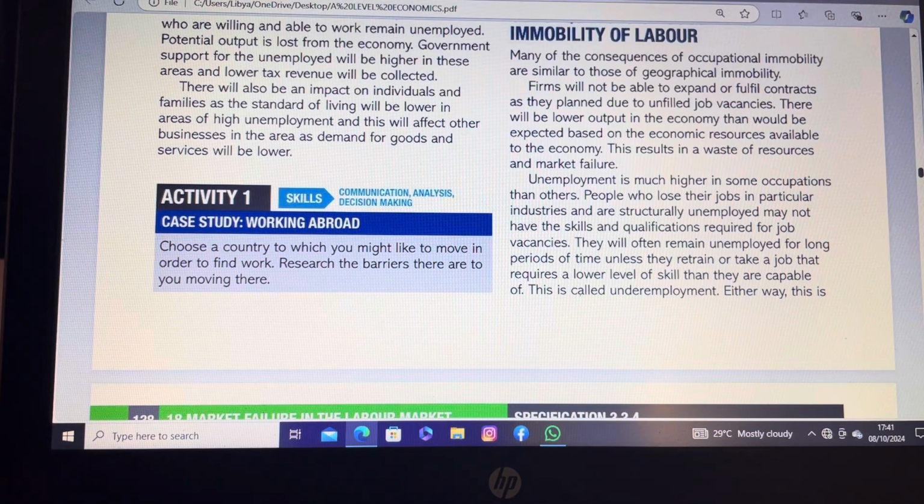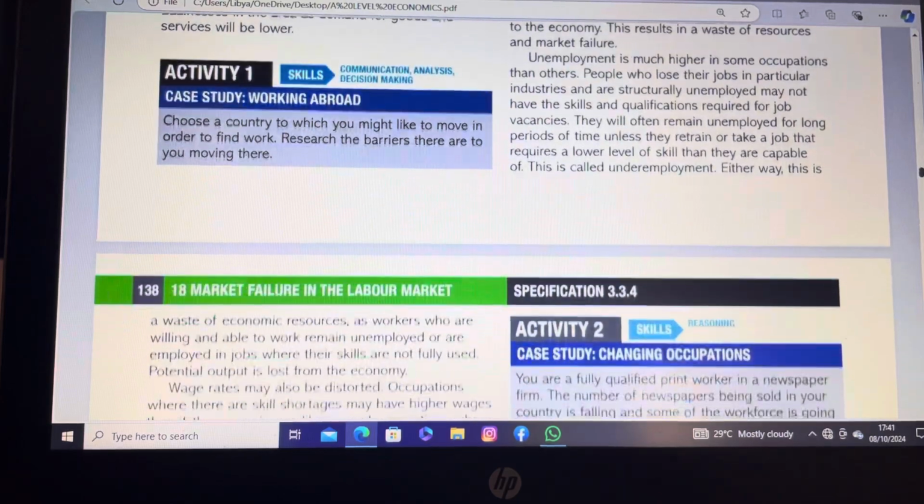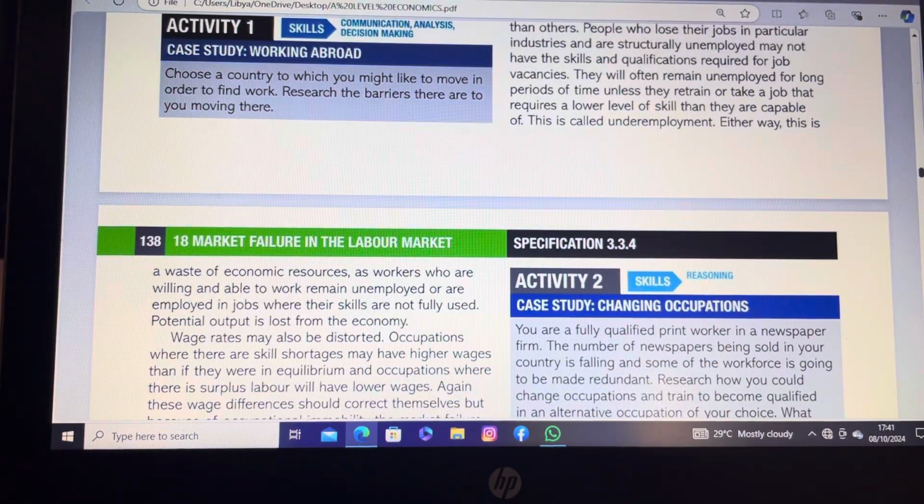So if, for example, teachers become unemployed because their school decided to close down, it will be difficult for them to easily integrate into another profession, except they are willing to take jobs that require lower skills than expected, which they can easily get. But it will be difficult for them to find jobs that will meet the standard of teaching.